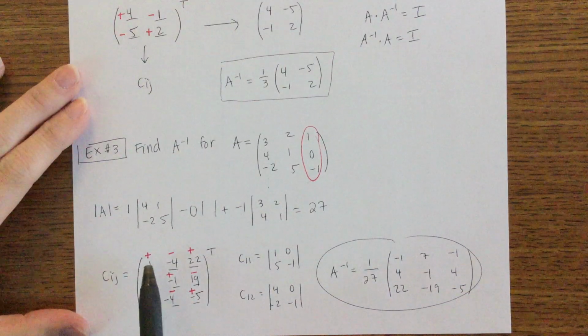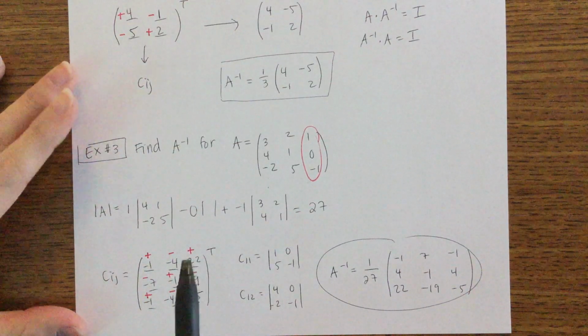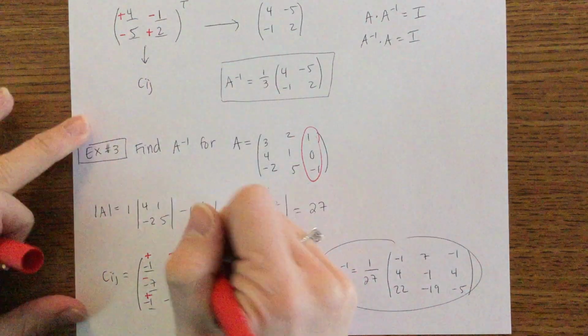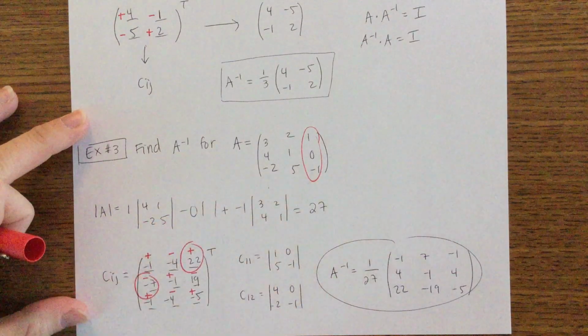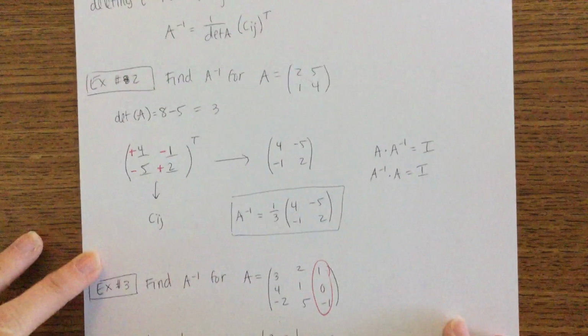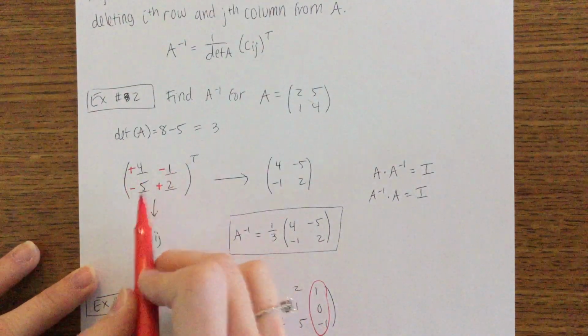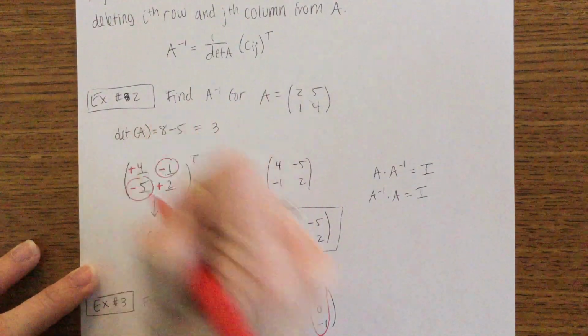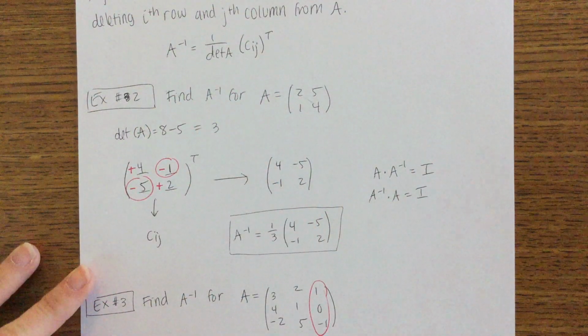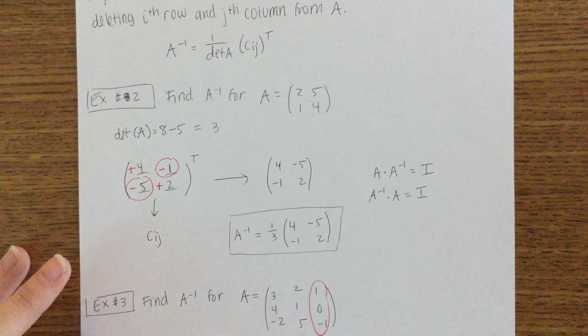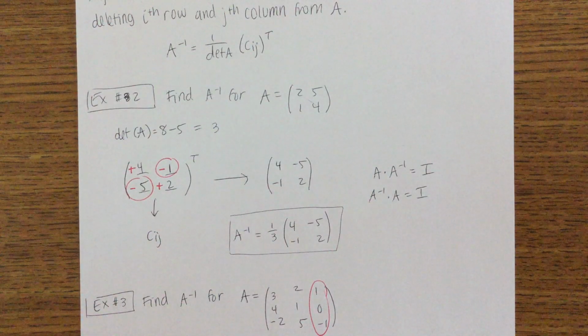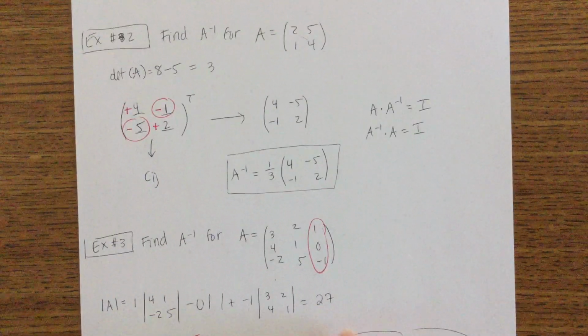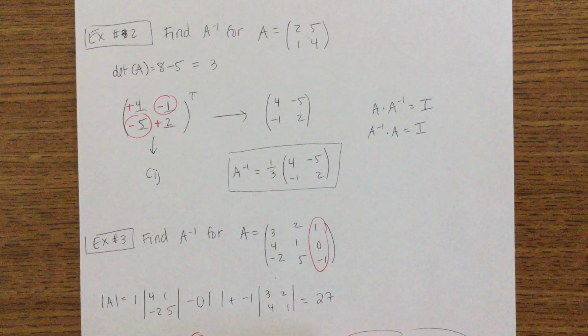What I'm telling you is it's always going to alternate this way, but it's not necessarily going to alternate from the end of one row to the beginning of the next. In the previous example it alternated, but then was the same again. So don't just do the first one and then go plus minus through the whole matrix. But for 2 by 2, that's always going to be the structure.